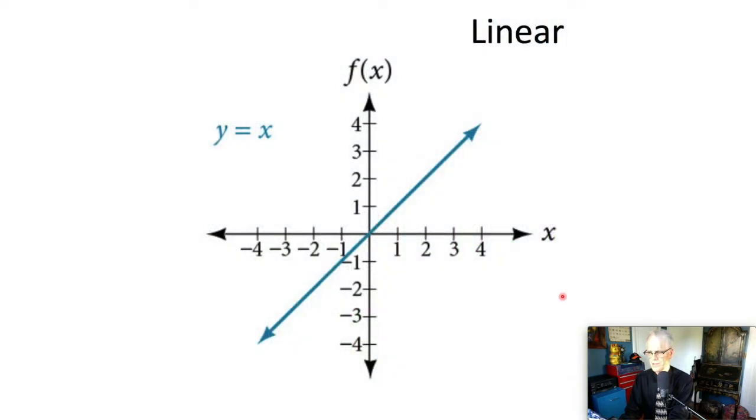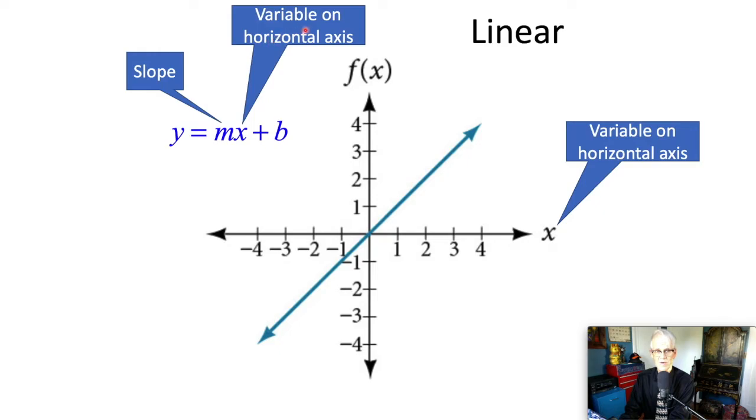Well, let's start out with our basic linear function here, back from Algebra 1. Actually, y equals x, we can expand this to our old friend, our equation of a straight line, y equals mx plus b, where m is the slope and x is whatever's on the horizontal axis.